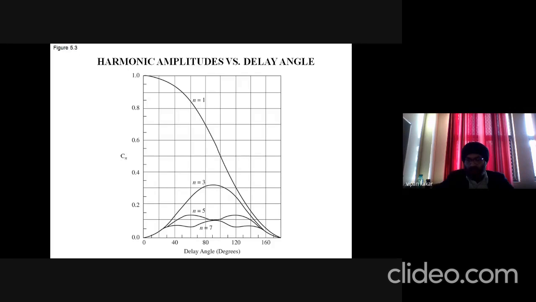And for the third harmonic also, it goes on decreasing after some angle alpha, and so on. So firing angle alpha also has an impact on the harmonic analysis, as we can see from the graph in this slide.